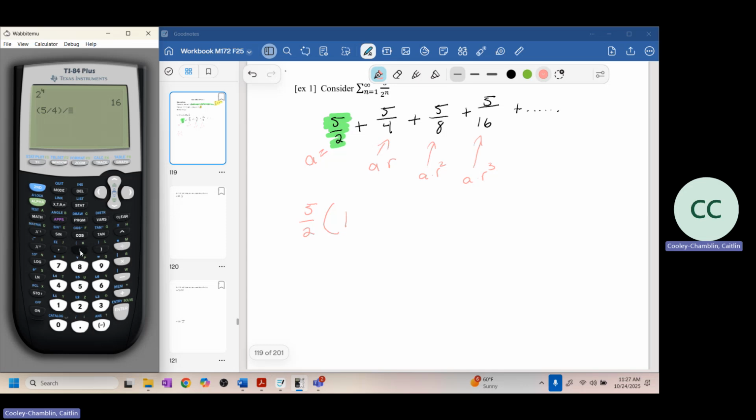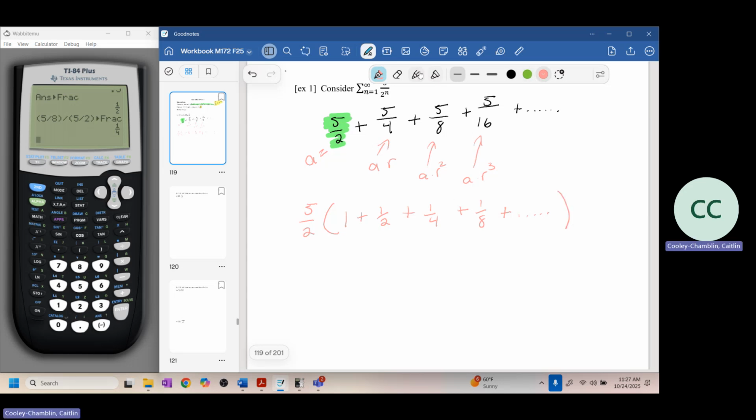So 5/4 divided by 5/2, factoring that out, and I get 1/2. The next one, 5/8 divided by 5/2, and I get 1/4. And next I'm going to get 1/8. And then it's just going to keep going.